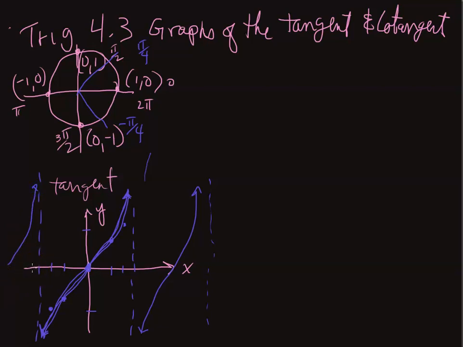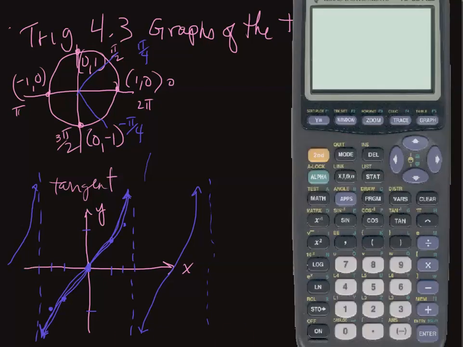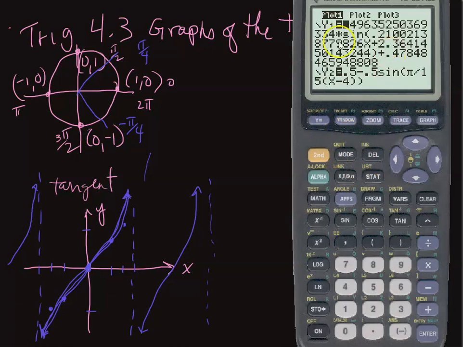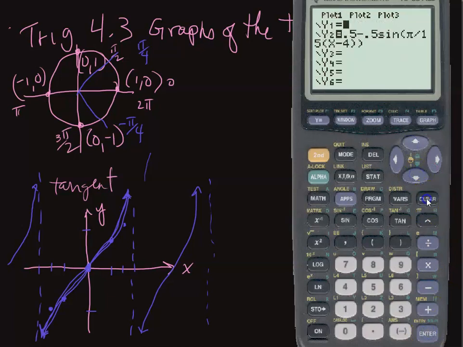Let's take a look at our calculator for that. Now your TI-84 calculator is a lot nicer than this one for graphing these things. First of all, let's get rid of the plot and get rid of our two equations, and just look at the tangent of x.